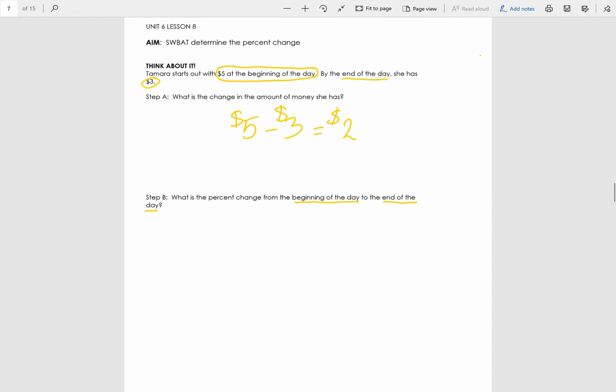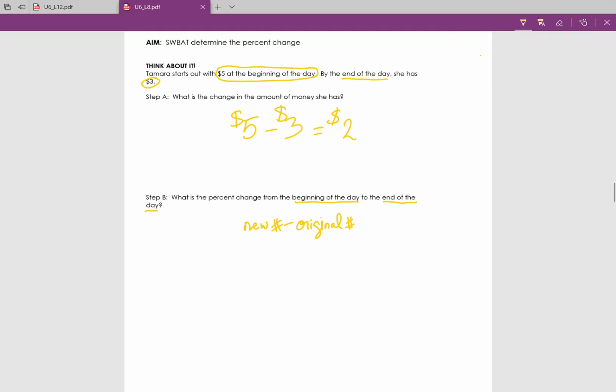So if you don't have your notes with you, the formula that we're going to be using is the new number, or the new amount, minus the original amount. I'm going to write number since it's easier. You take the absolute value of that.